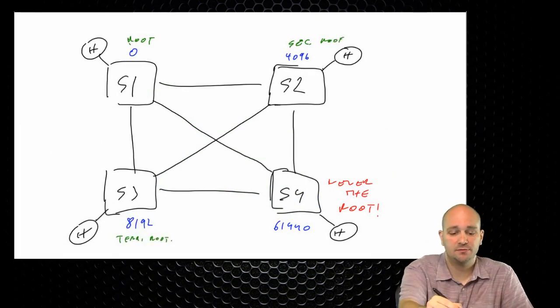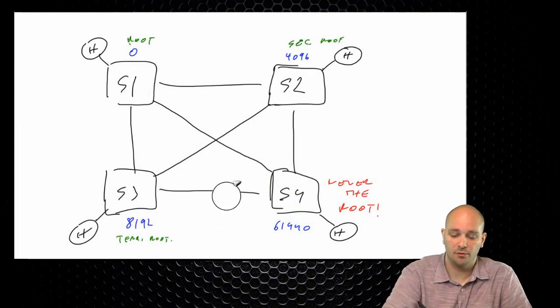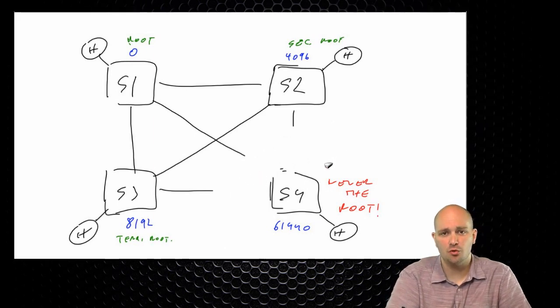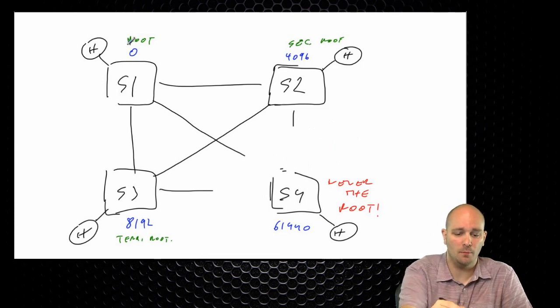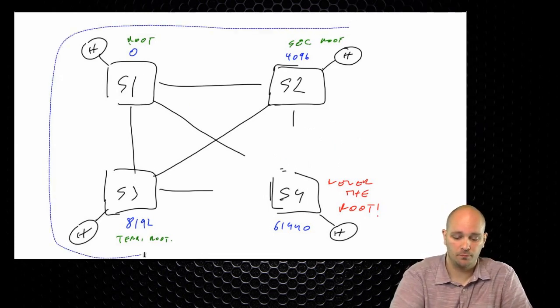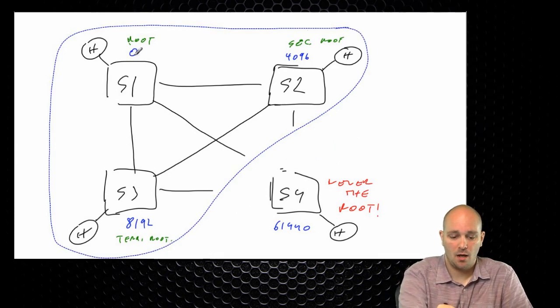But what happens, for example, if these links here fail? So now switch 4 is cut off from the network. Who is the root in the network? Well, in this network here, R1 is the root.